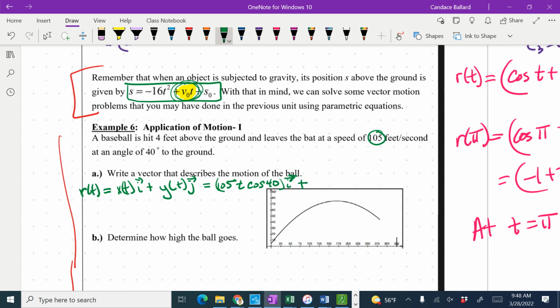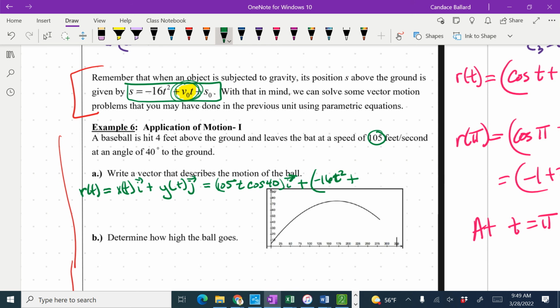Now I need to get my j component. My j component uses the entire equation because that's going to be the height. So it's negative 16t squared plus this same initial velocity, except in the y component, am I sine or cosine?